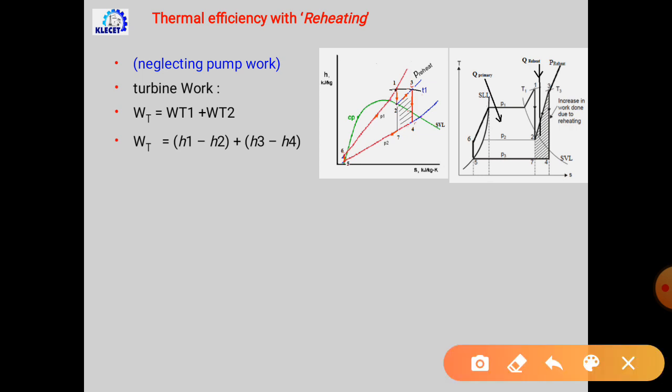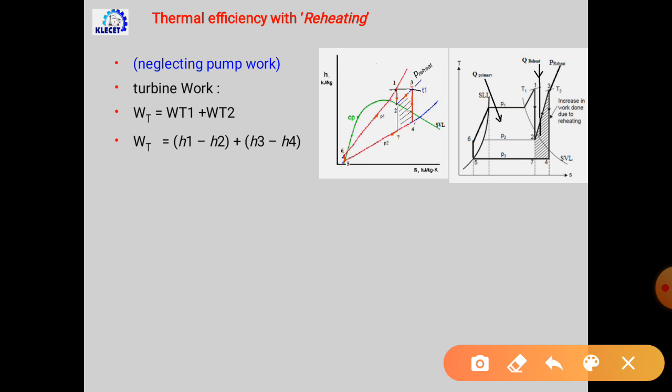The turbine work is the algebraic sum of WT1 and WT2, where WT1 is the turbine work produced in stage 1 and WT2 is the turbine work produced in stage 2. Stage 1 is the 1 to 2 process, that is, enthalpy at the inlet of the turbine is H1 and enthalpy at exit is H2, so H1 minus H2 gives you WT1.